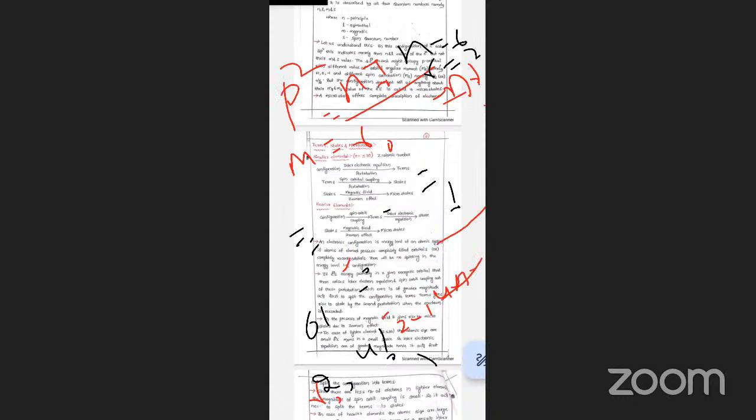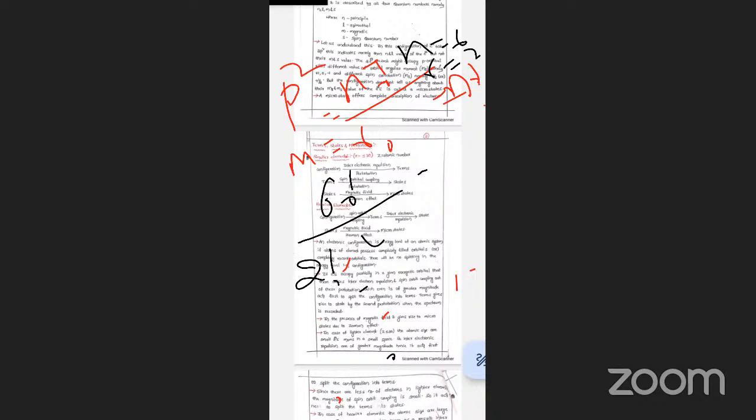After substituting all the values, what value do we get? 6 factorial divided by 2 factorial and 4 factorial. This is the concluding point. So 6 factorial means 6 into 5 into 4 into 3 into 2 into 1, divided by 2 factorial, which is 2 into 1, and 4 factorial, which is 4 into 3 into 2 into 1.